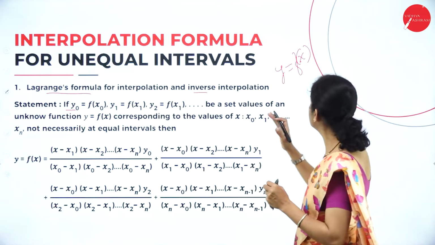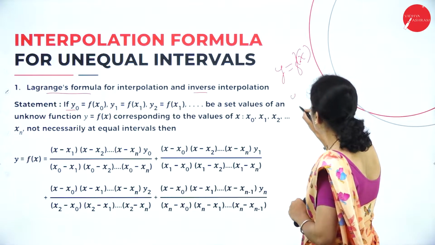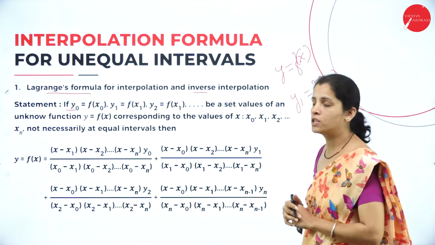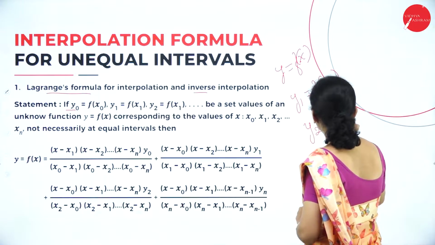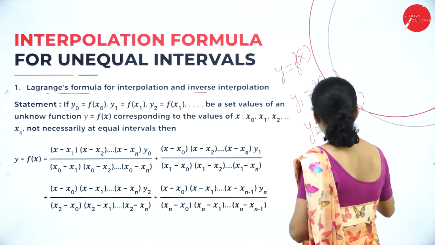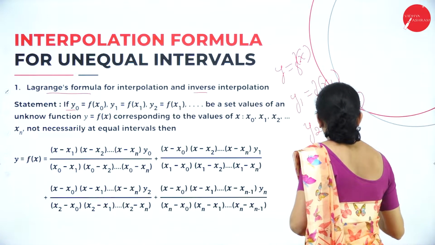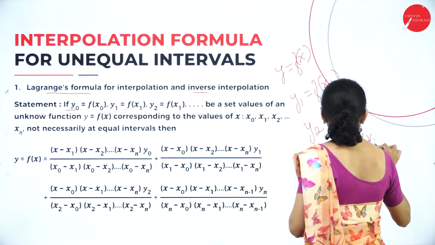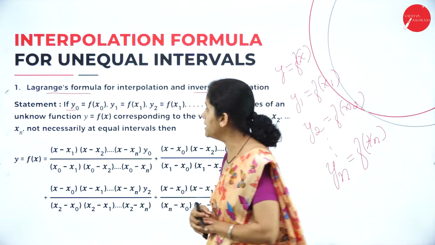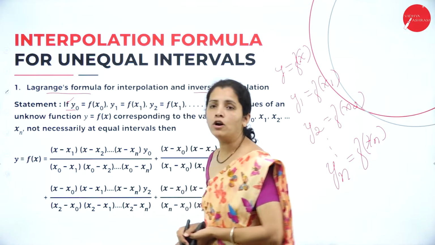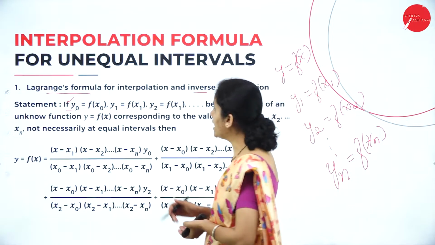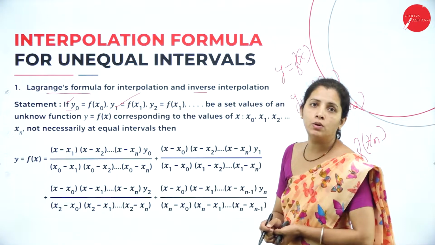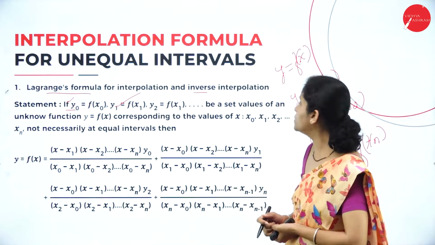So if y is f of x, then y1 is represented as f of x1, y2 is f of x2, and it continues until yn equal to f of xn.